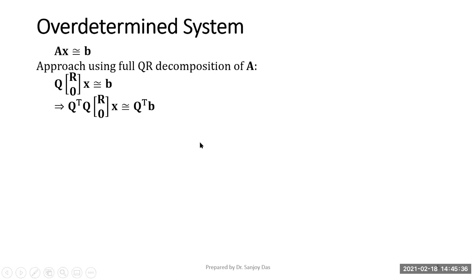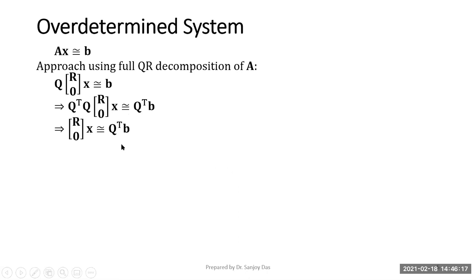Multiplying both sides with Q transpose. Now Q transpose is full rank and it's a square matrix. So pre-multiplying both sides with Q transpose, what do we get? Q transpose Q R0 x is approximately equal to Q transpose B. I have this approximately equal sign because we cannot solve this precisely. Okay. Since Q transpose Q is I, the identity matrix, we have R0 times X approximately equals Q transpose B.